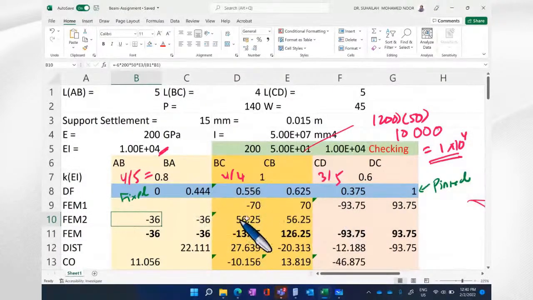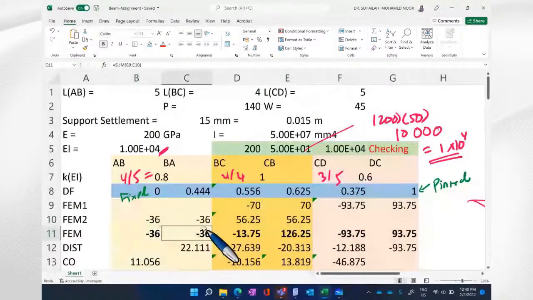Okay, so we must get the total. It is negative 36 for AB, negative 36 also for BC, and then we get negative 13.75, negative 13.75 for BC.